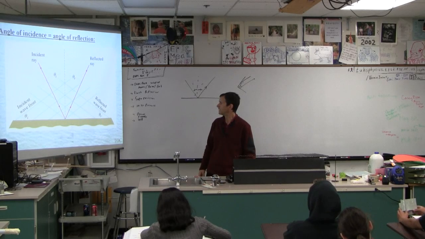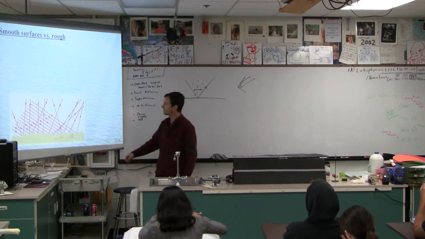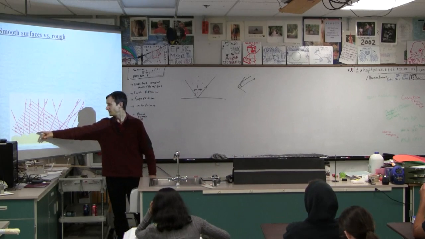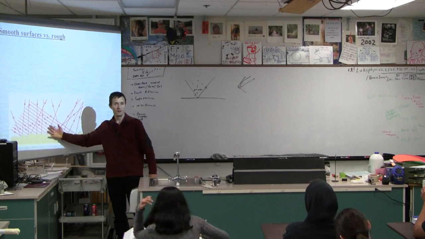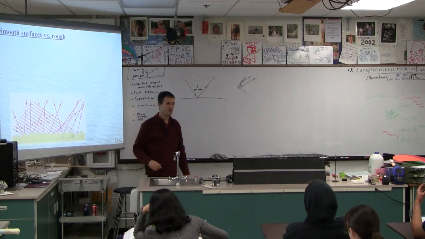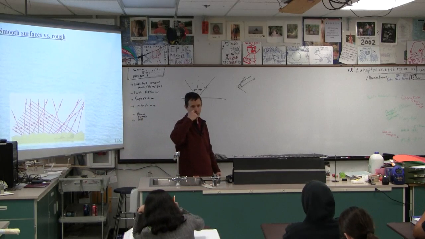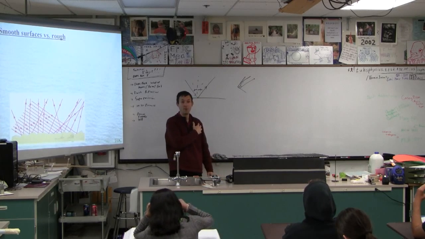So there we go, all right, angle of reflection, right? If it's a rough surface, of course, this is why we don't see ourselves in rough surfaces, and that's because although the rays of light coming in might be parallel, they don't bounce off the surface parallel, they just bounce off in different directions. So Michael's jacket, or his hoodie, even though it's black and it's not reflecting much light, it's reflecting some, right?